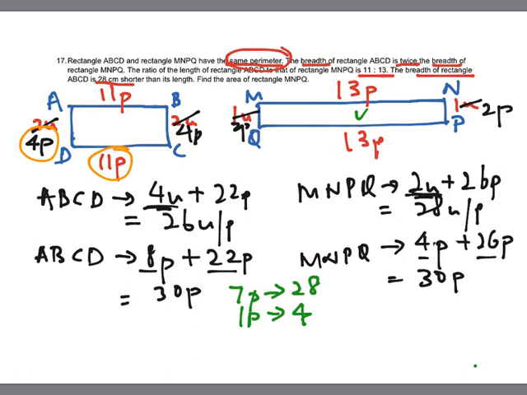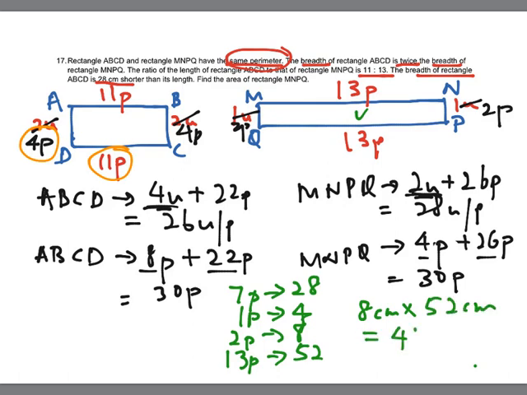So 2 parts will then be 8, 13 parts would then be 13 times 4, which is 52. So the answer would be 8 centimetres multiplied by 52 centimetres, and the answer will be 416 square centimetres. That's the answer for this question.